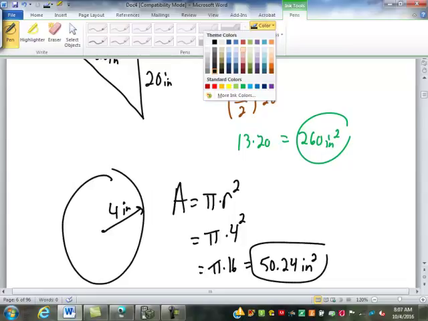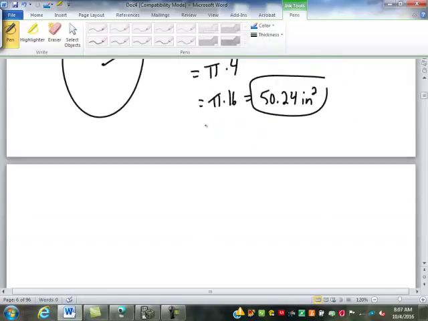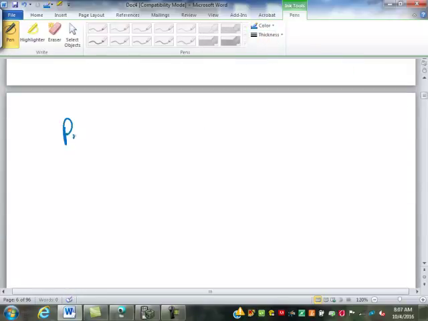I know I'm kind of rushing through these formulas right now, but one of our main applications of area is pressure.